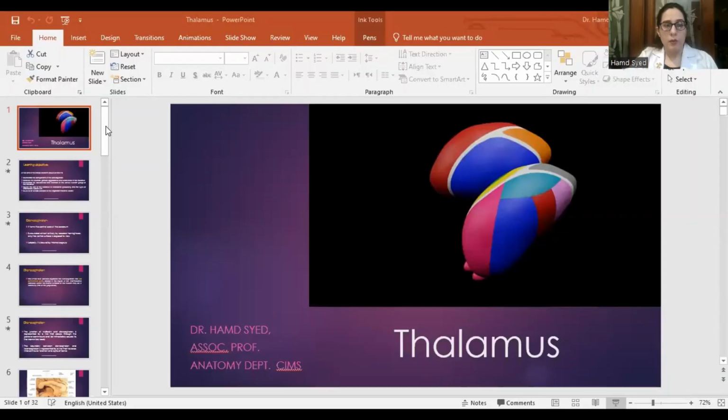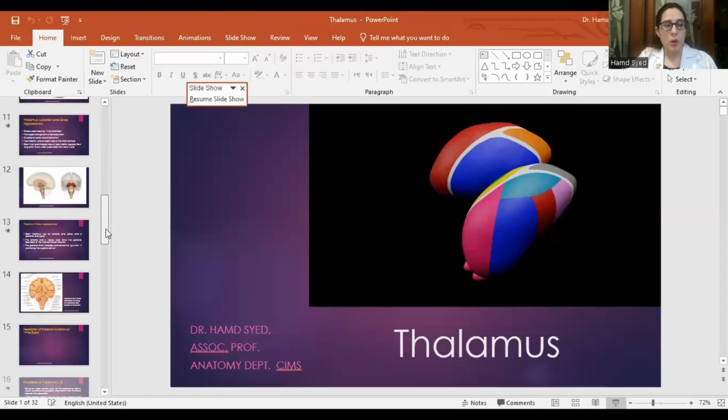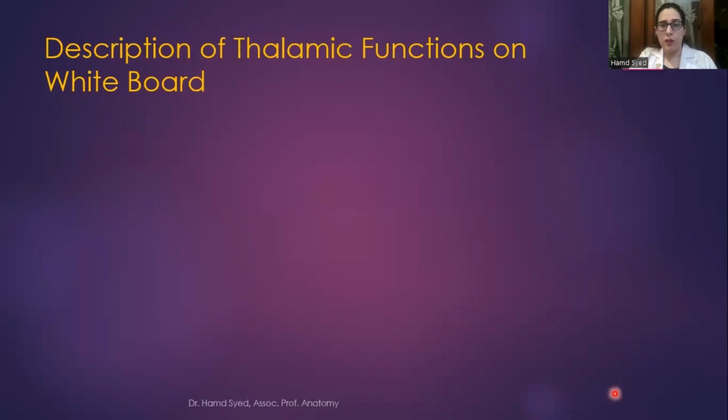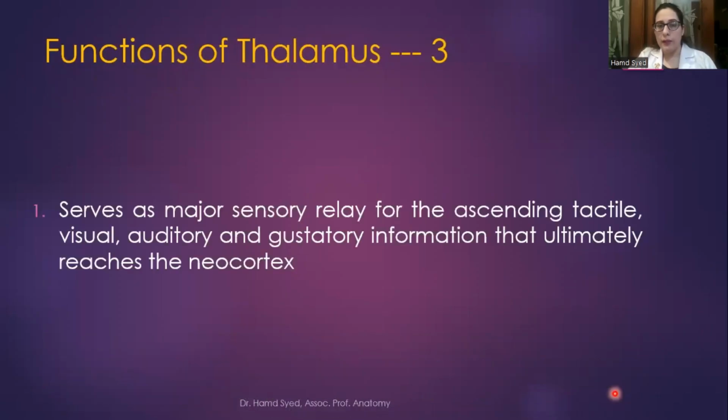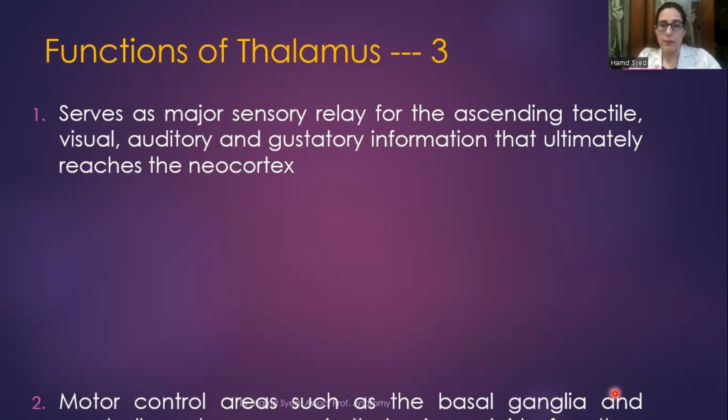Now, coming back to our presentation, now that we have discussed these functions, I'm going to summarize them once more. Over here, we can see that the functions of thalamus are three. The first one is that it is a major sensory relay for the ascending tactile, visual, auditory, and gustatory information, which ultimately reaches the neocortex.